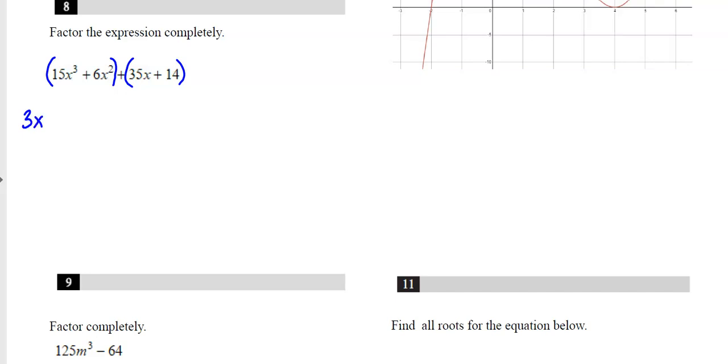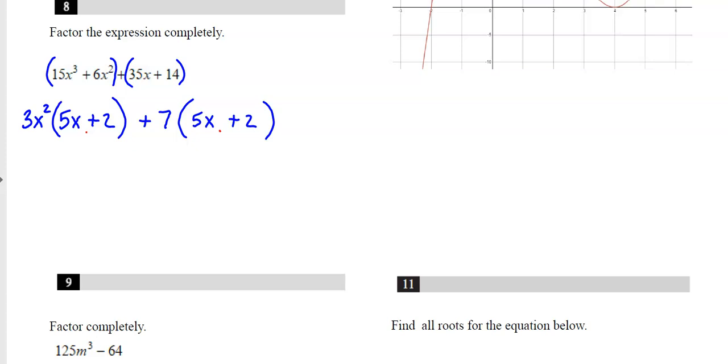I think I can pull a 3x squared out of this parenthesis, which would leave me 5x plus 2. And then I think I can pull a 7 out of the next group, which would leave me 5x plus 2. And that's exactly what you want to have happen with factor by grouping, because I have this common factor in both those pieces.